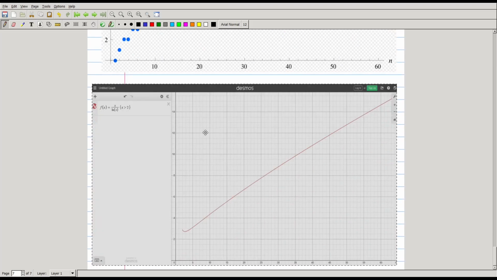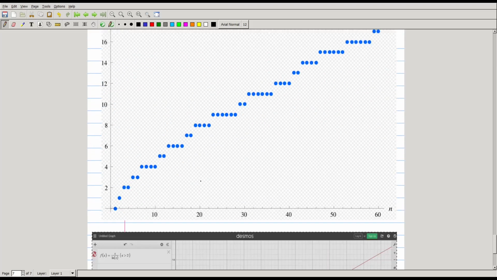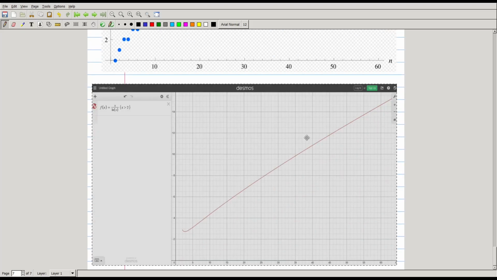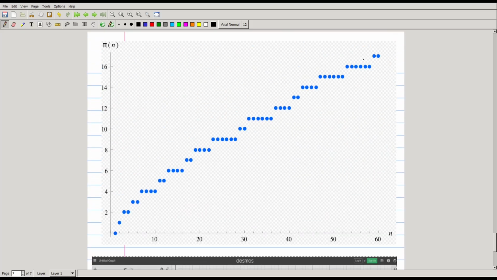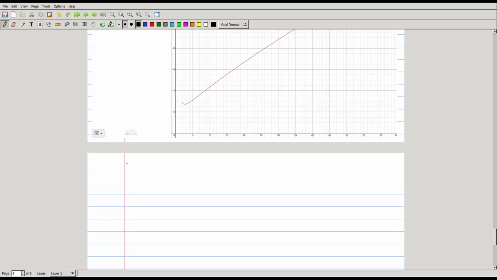And you can see very clearly that these two things have very similar growth. And the growth only gets closer to one another as you get larger and larger. You have to get really large in order for these to match up really well. But this is a very interesting example.